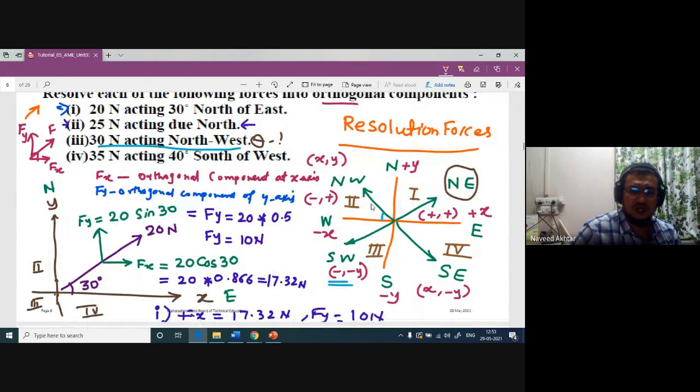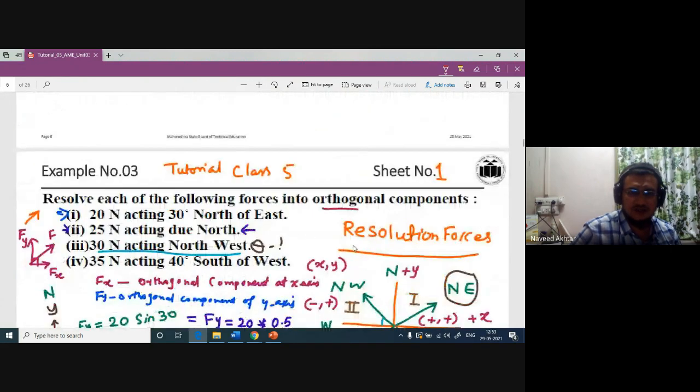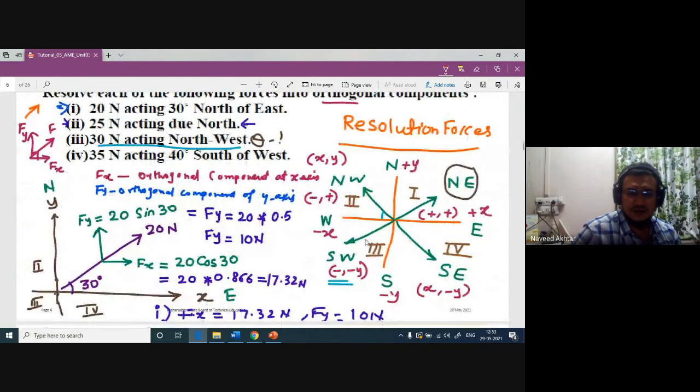How to resolve the forces we have seen. How many quadrants are there, also we have seen. I think you understand. If you have any doubt, you can ask me. I will explain once again. Otherwise, we will stop here.